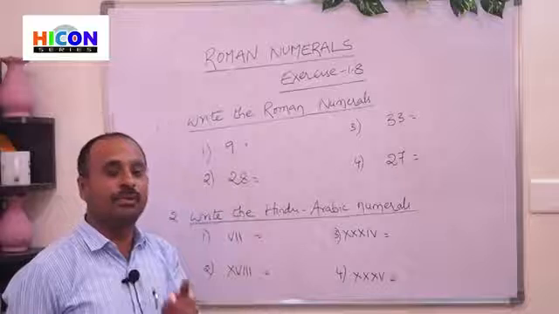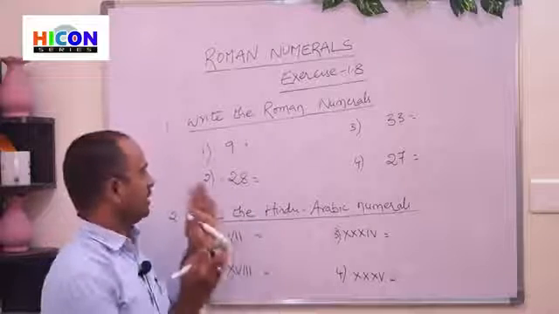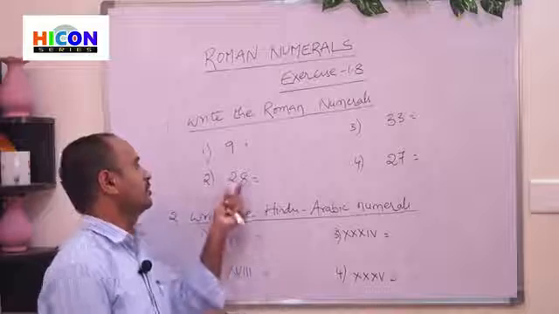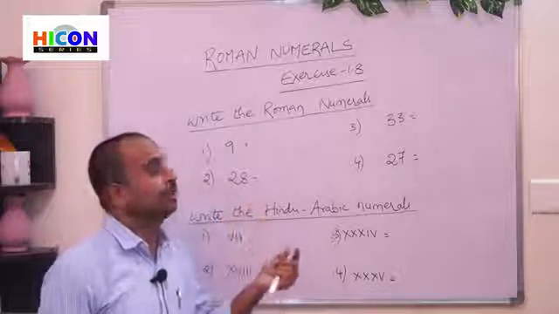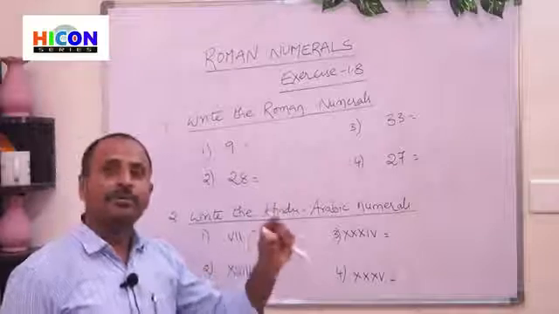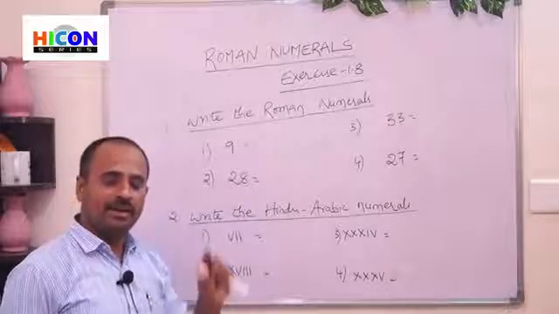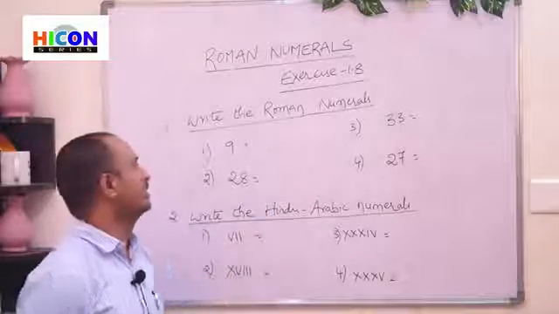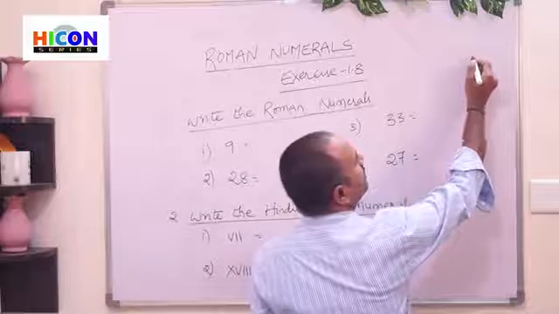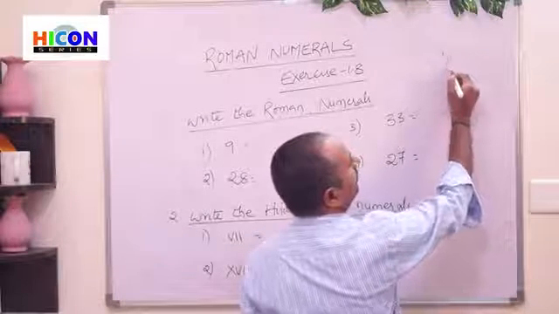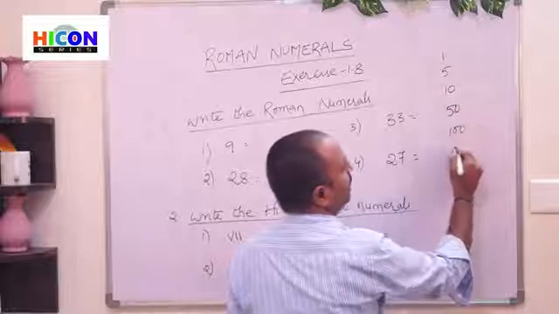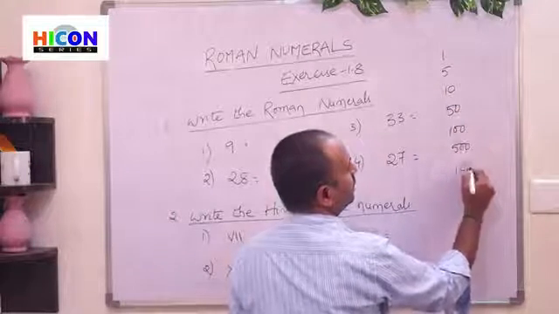So children, keep one point in your mind. First split the given number in terms of the Hindu-Arabic system values like 1, 5, 10, 50, 100, 500 and 1000.